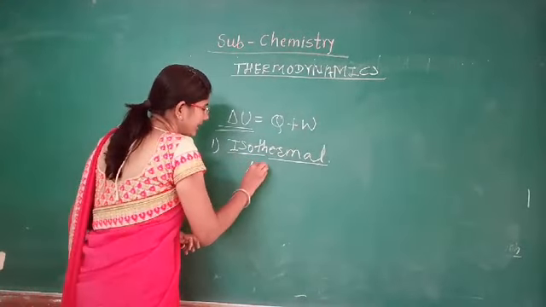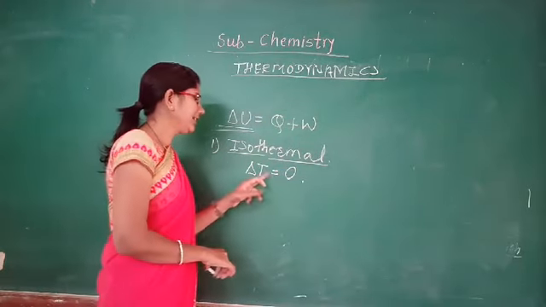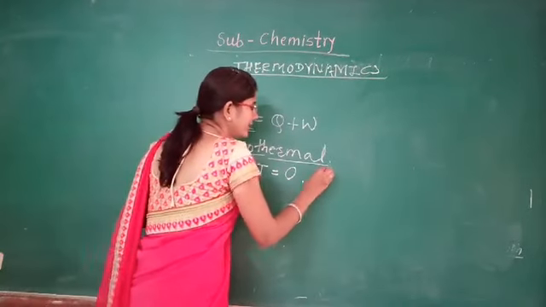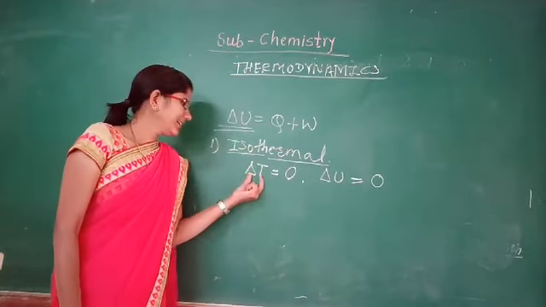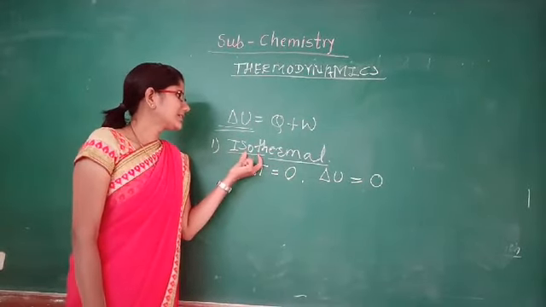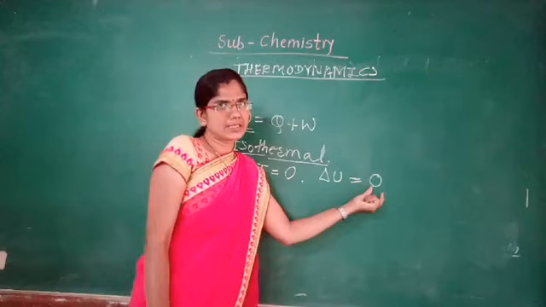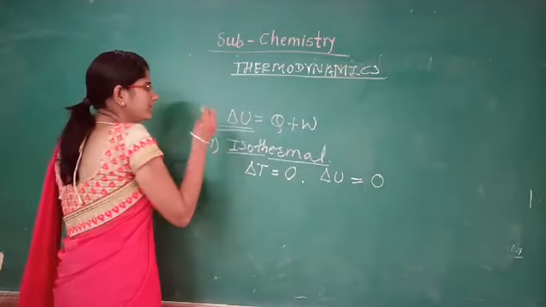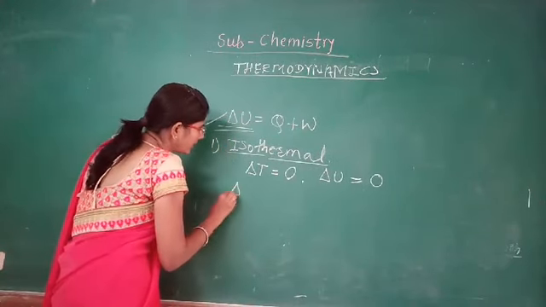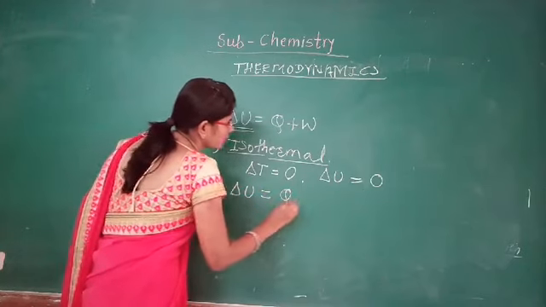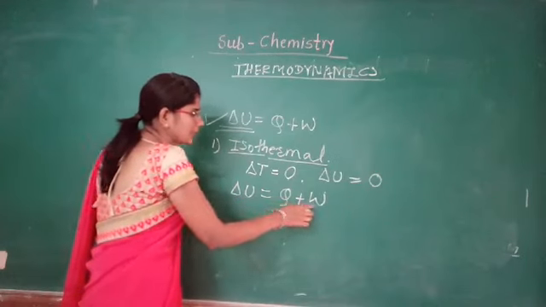That means delta T is equal to 0, and if delta T is equal to 0, at that time delta U is also equal to 0. And therefore the first law of thermodynamics in the isothermal process is delta U equal to Q plus W.